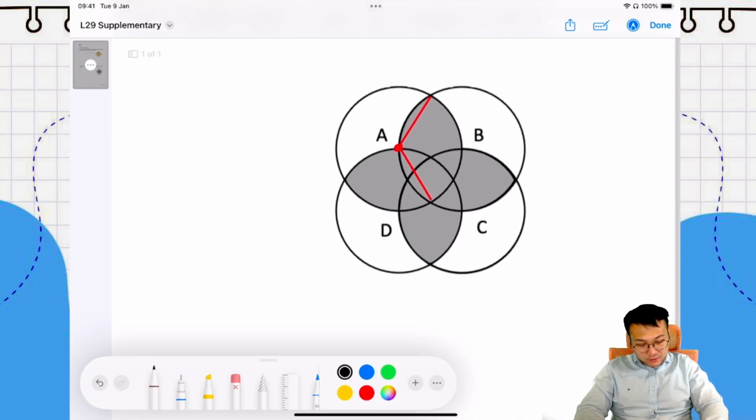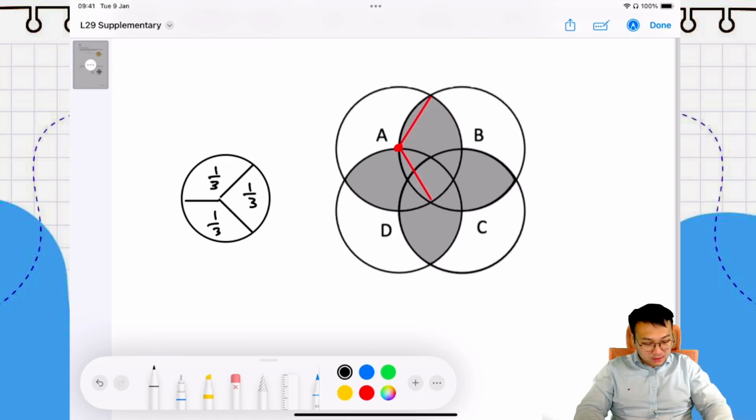Taking a circle, drawing a line here, and drawing a line here, I'm getting this pizza, which is quite a big piece of pizza, right? It's actually 1/3 of the circle, do you notice? So what I'm getting is this pizza over here.